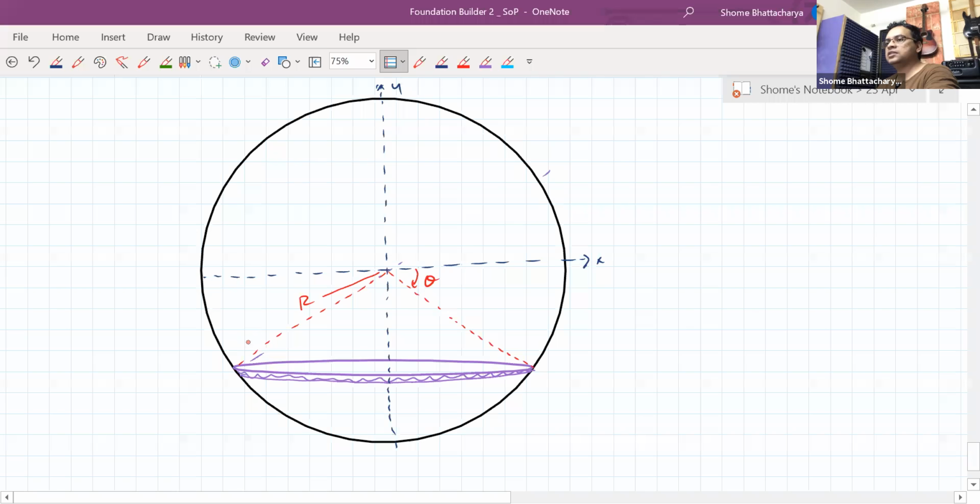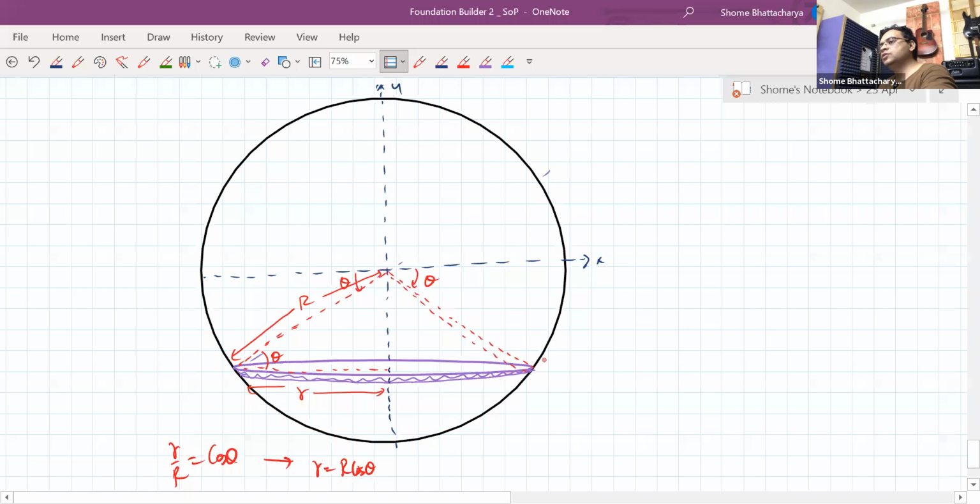This radius is capital R, because that's the radius of the spherical shell. Accordingly, what about the radius of the ring? That's small r. You now see here we have a right angle triangle where these two angles are theta. So r by capital R was cos theta, and the radius of the ring became capital R cos theta. But more importantly, the thickness of the ring.